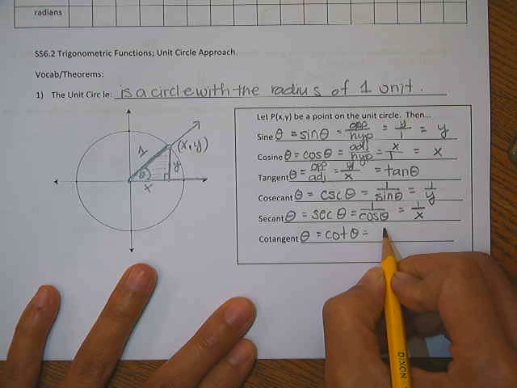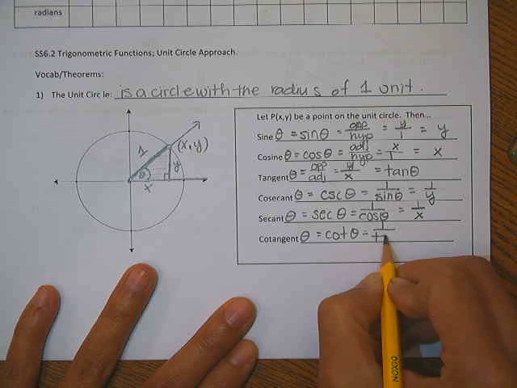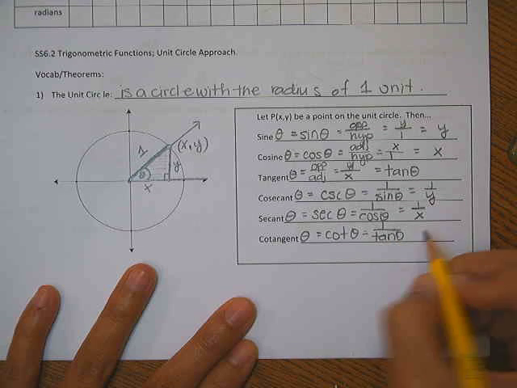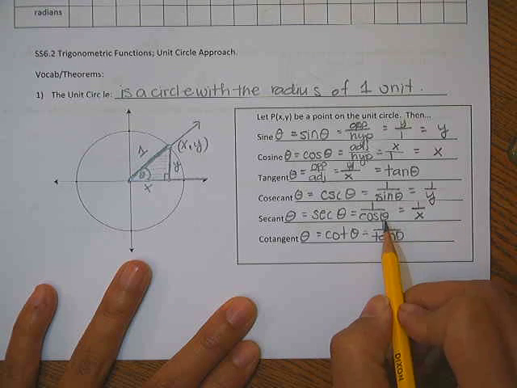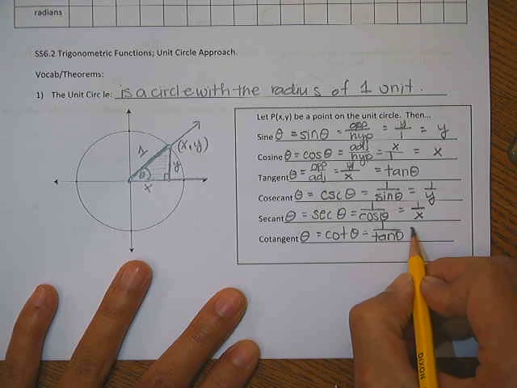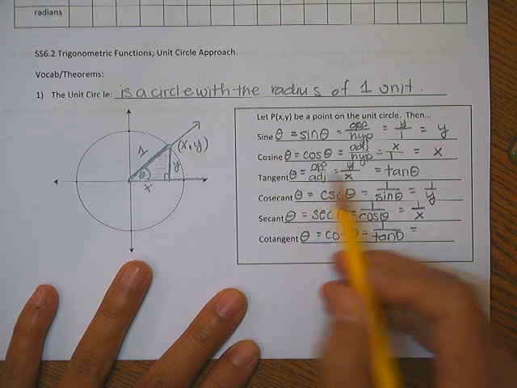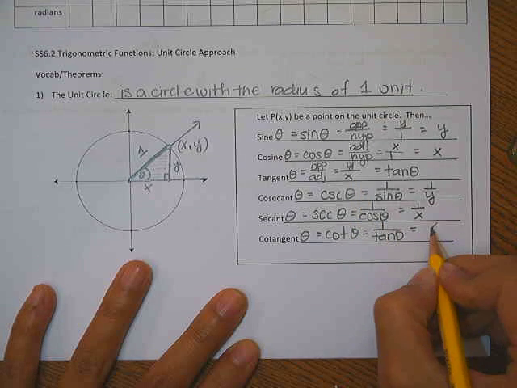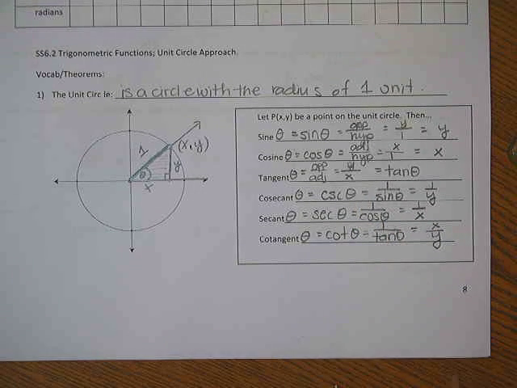It's going to be the reciprocal function of tangent. If tangent is opposite over adjacent, cotangent is going to be adjacent over opposite, or x over y. So whatever tangent is, we're just going to take its reciprocal, and that's what we get for cotangent.